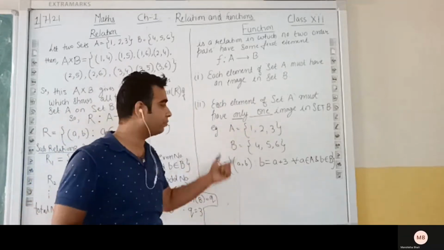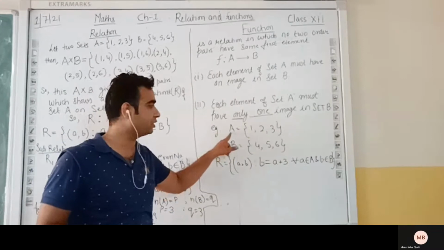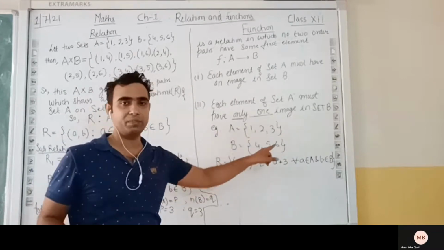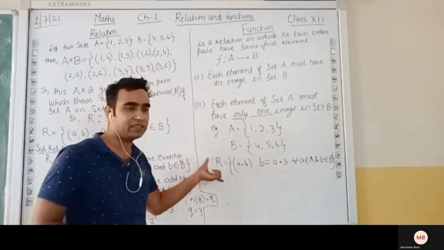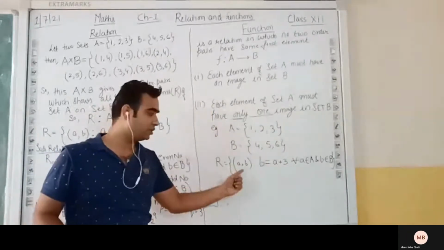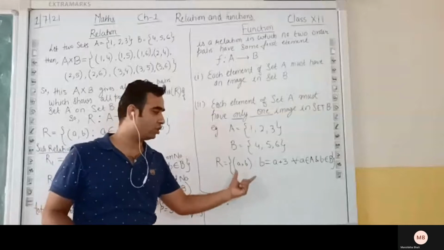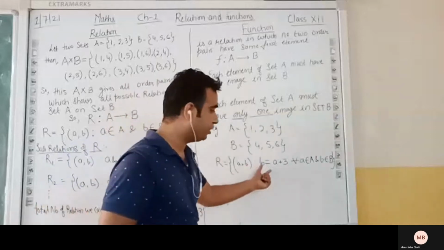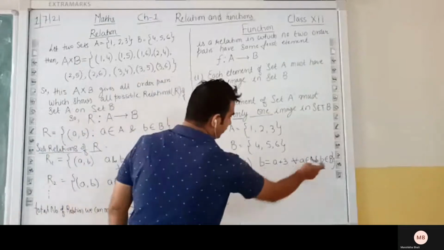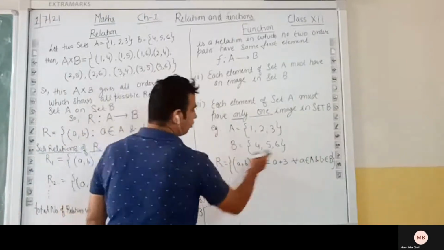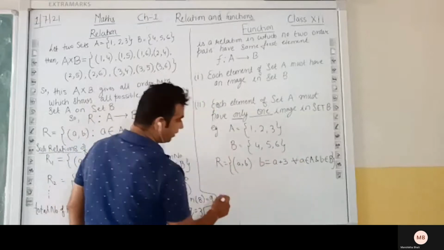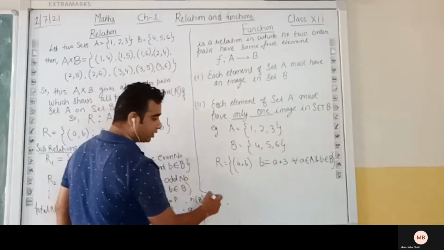Here I have taken an example: set A having elements 1, 2, 3, set B having elements 4, 5, 6, and we can assign a relation for a function, the relation of ordered pairs (a, b) where b is equal to a plus 3, where a belongs to set A and b belongs to set B. So from this we can find the order pairs for this relation R.